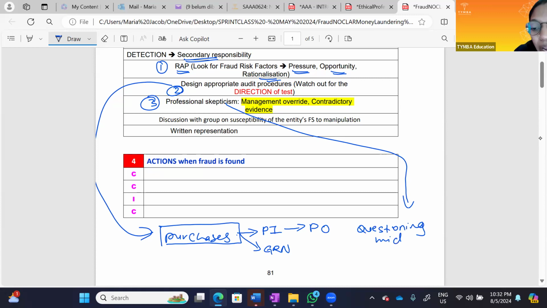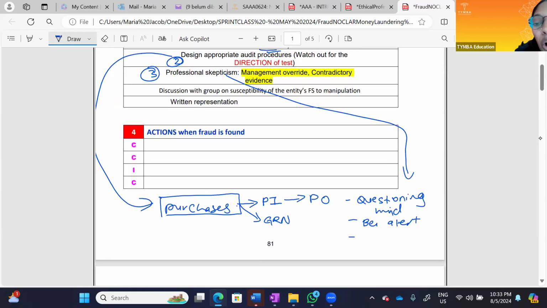You always have a questioning mind, you are always alert, and at all times you perform critical assessment. Basically the auditor must have the extra eye. They cannot be like a normal person. They have to always be more aware.